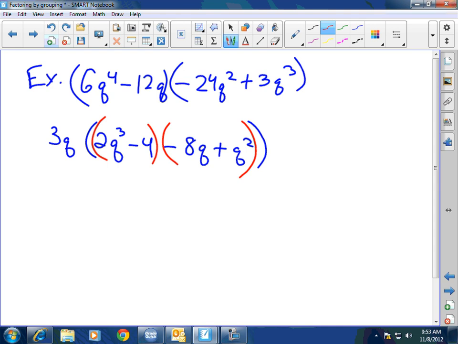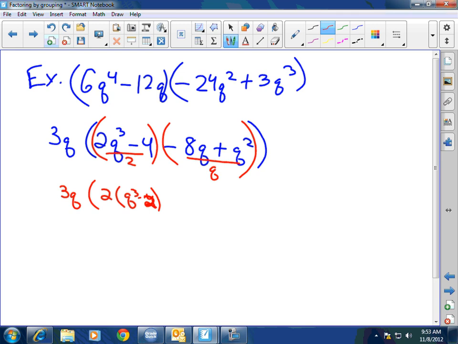So now let's factor out a 2 from here, right? So I got 3q. Then I've got 2 times q cubed minus 4. Yes, this is going to work. And then from here, I take out a q, right? Minus 2. Q cubed minus 2.